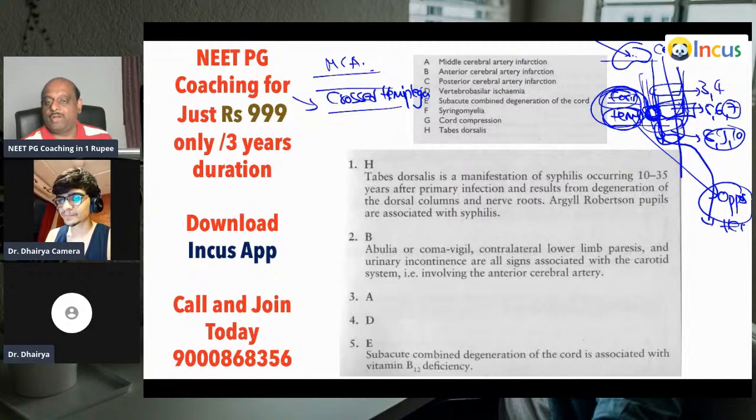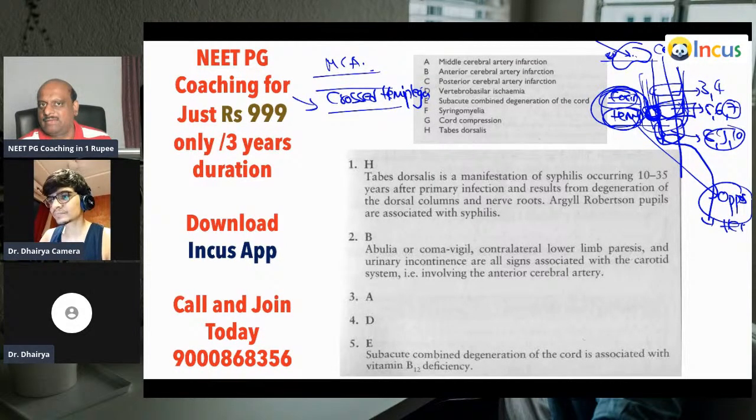Then another important point: whenever there is a bleed in the brain versus a bleed in the brainstem, what is the difference between the two? Both lead to the eyes going into a conjugate deviated state. But how do you differentiate?